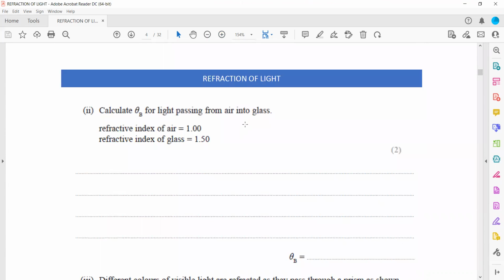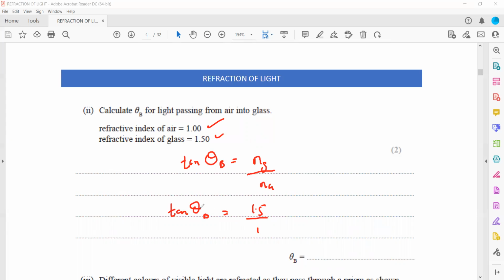The next part, we have to calculate. We already derived that tangent theta_B is equal to refractive index of glass divided by refractive index of air. They give us the refractive index of air and the glass, so we just substitute: this will be 1.5, this is 1, and tangent theta_B.